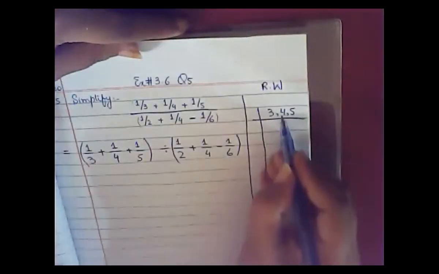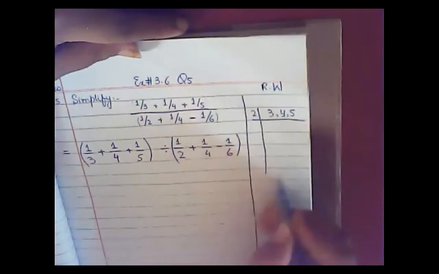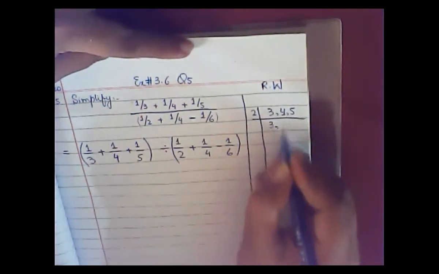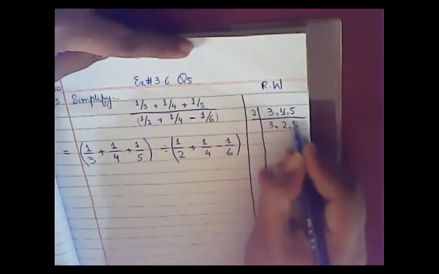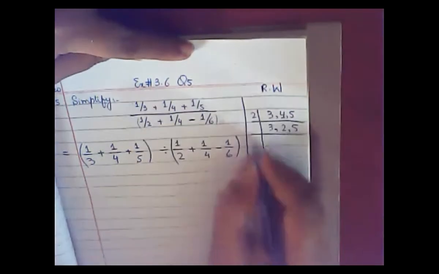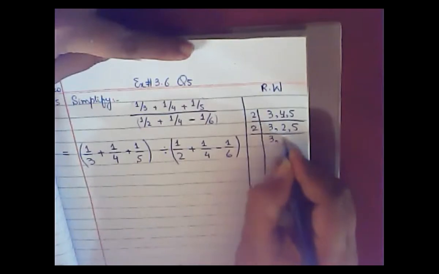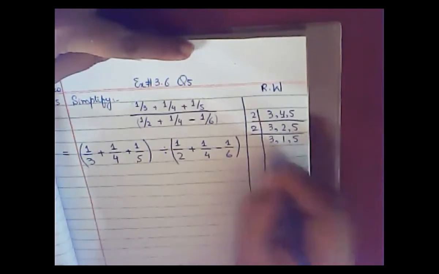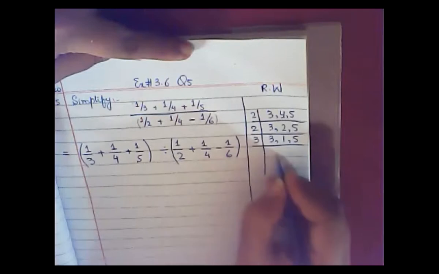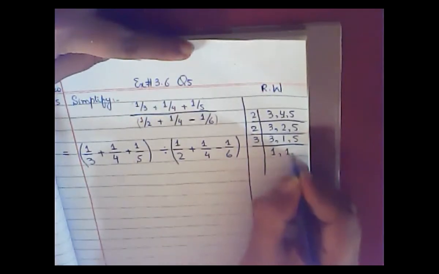Now here you have 2, so I'm going to start from 2. 3 will be copied as it is. 2 multiplied by 2 is 4, and then 5. Then again I have 2, so 3 is copied as it is, 2 twos are 2, and then 5. And then 3 ones are 3, 1 and 5.